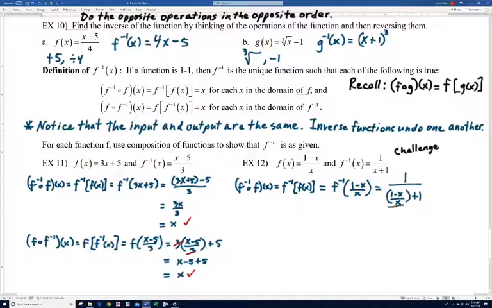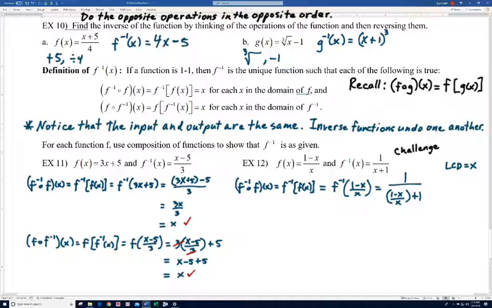So this is like the smaller fraction, and this is the bigger fraction. There's a little trick that we can use to simplify this. Look at the little fraction inside the big fraction, and there's only one, and its denominator is x. So our LCD is x for the little fractions.